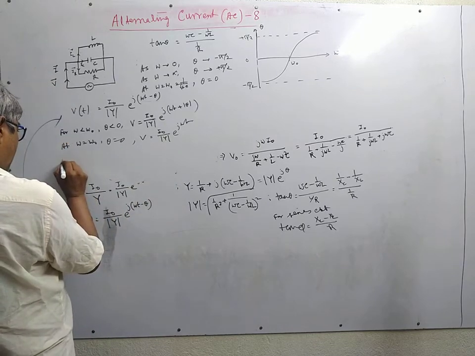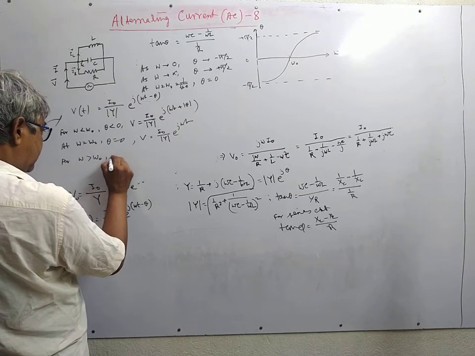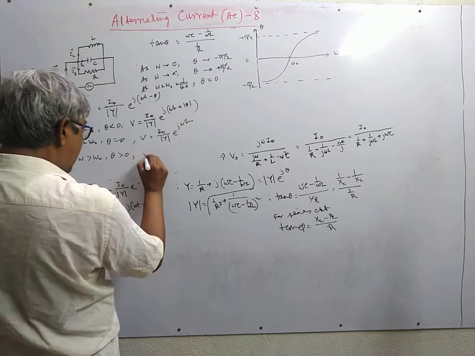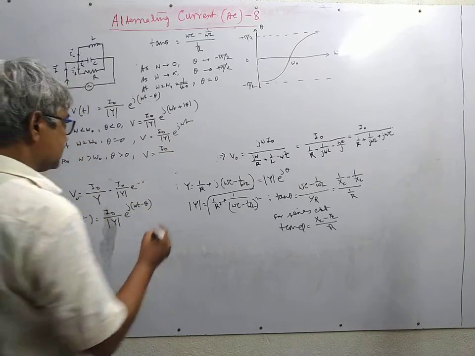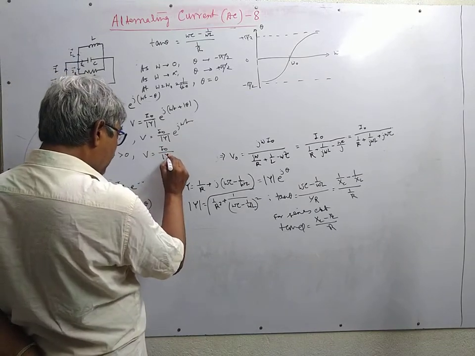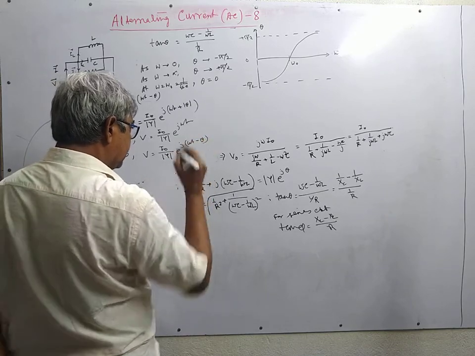And for omega greater than omega 0, theta is greater than 0, and V is equal to I0 mod Y e to the power minus j omega t minus theta.